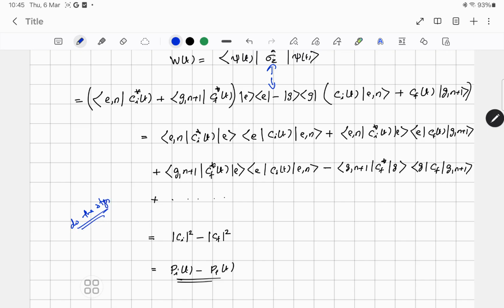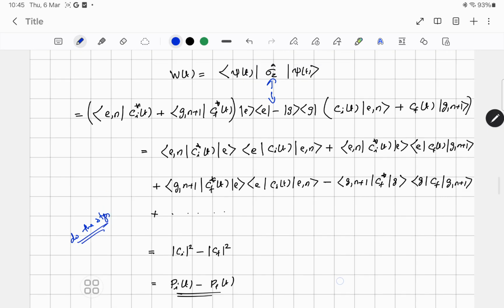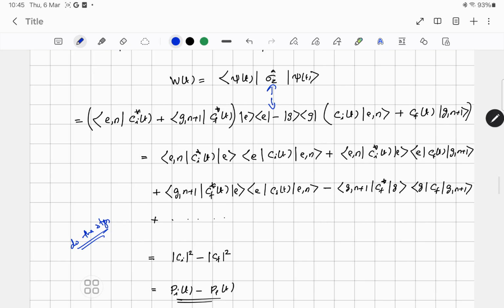All these steps you can do yourself. It is not very difficult, so I will just explain the first term. The bra psi has two terms, bra En Ci star. Just take the product of this term with |E><E| and the ket.